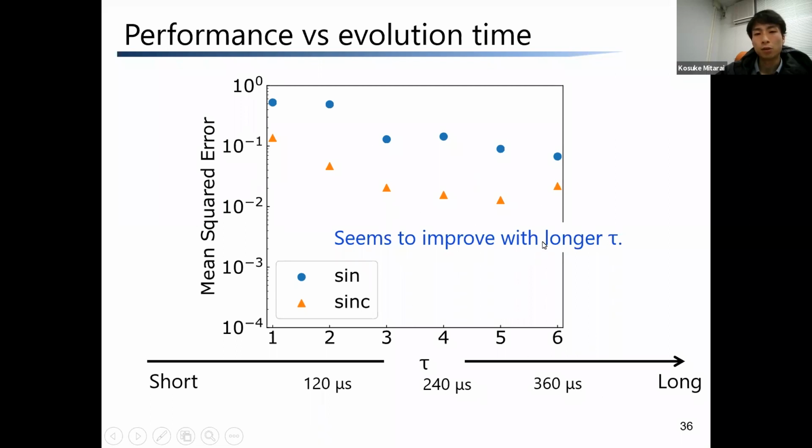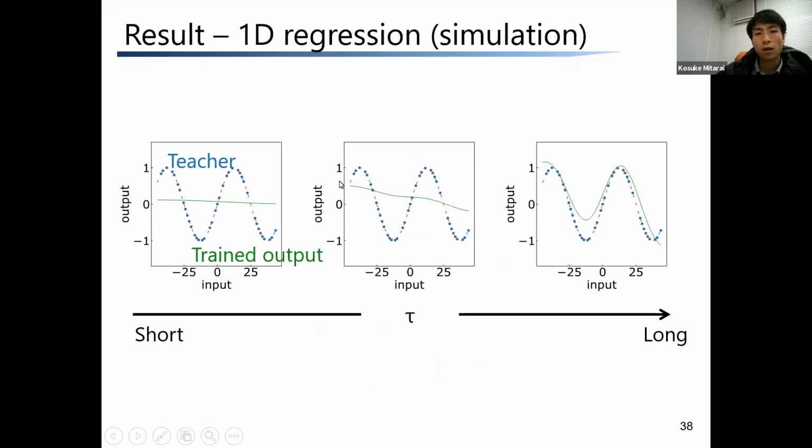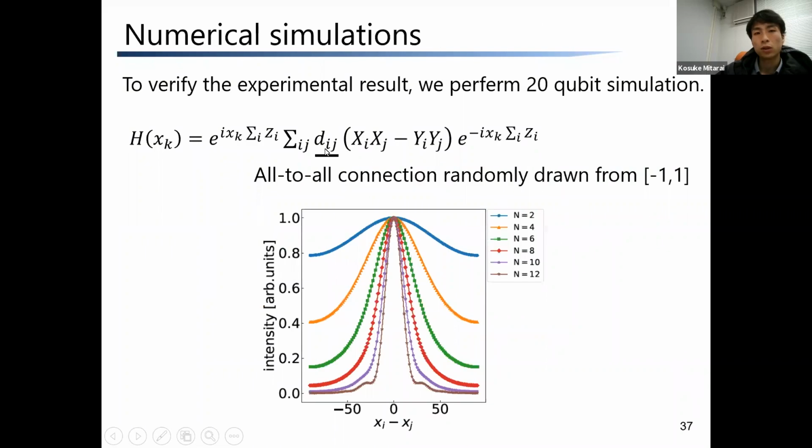Yeah, it seems to improve with longer tau, and we wanted to verify this experimental result, so we performed a 20 qubit simulation using the same kind of Hamiltonian and all-to-all connection, and we calculated the same kind of kernel on the classical computer, and it resembles the experimental result too.